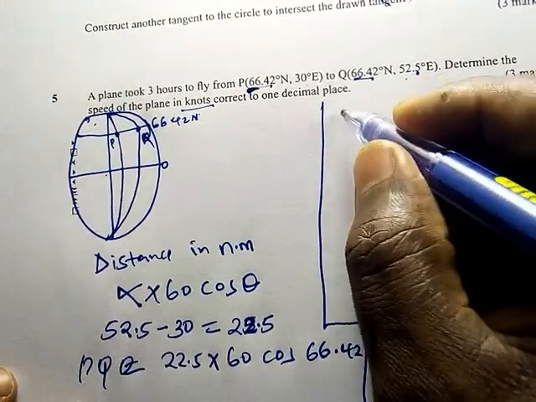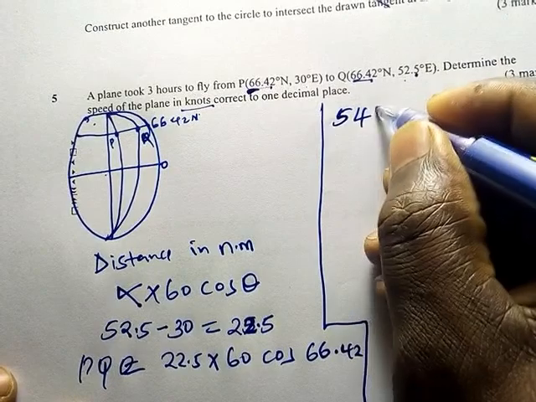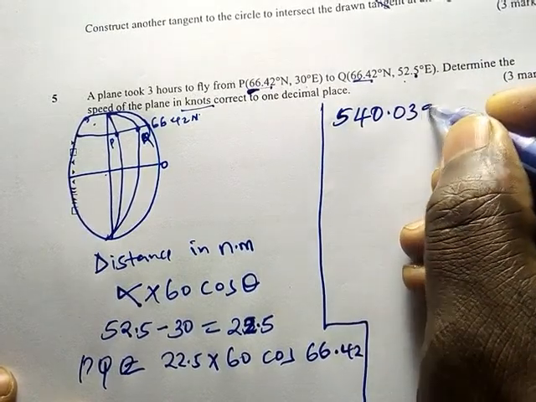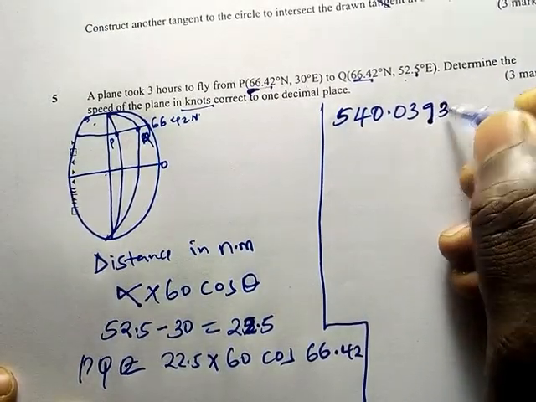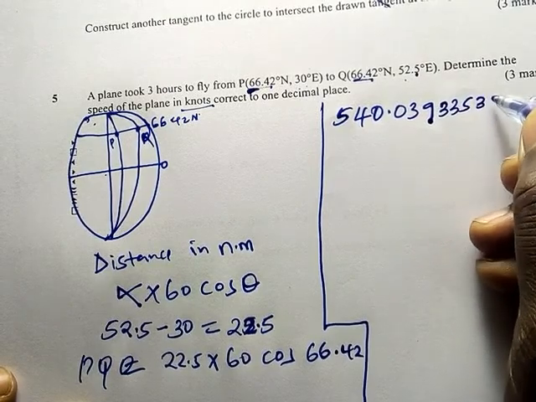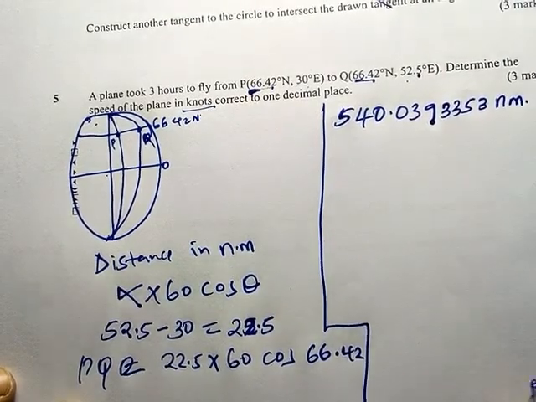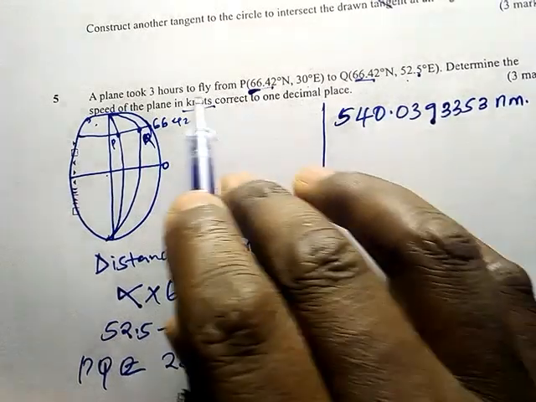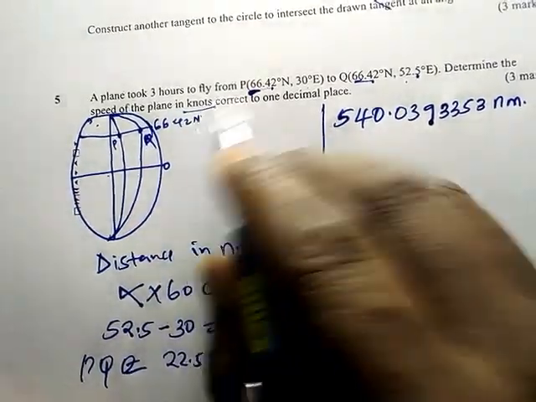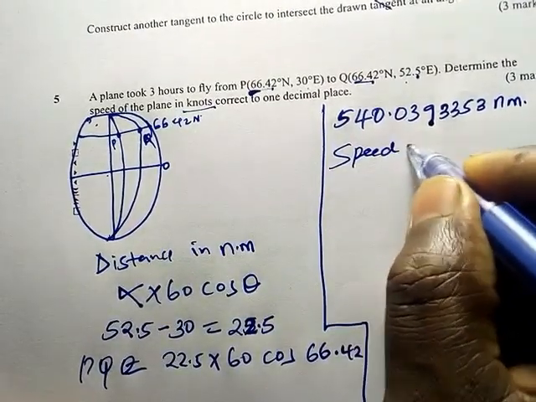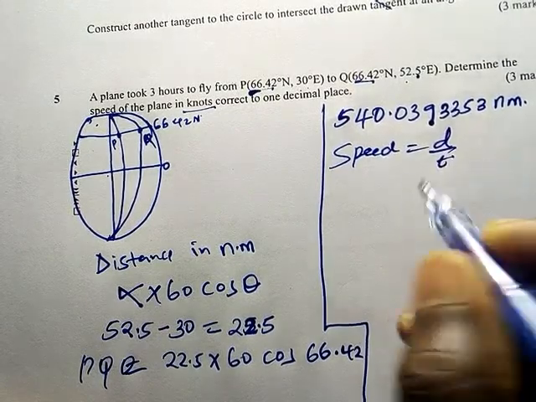And therefore now that one is going to be 540.039353 nautical miles. But since we have been given hours, we know that speed equals distance over time.